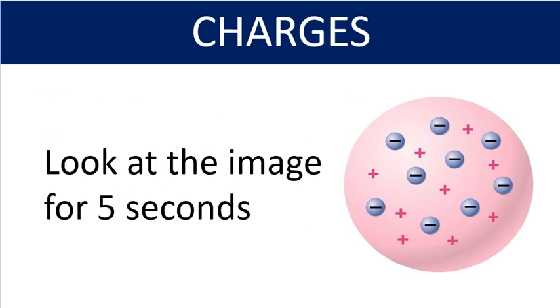Let's start by showing you a model of the atom. Here we have a model of the atom that was prevalent, if I'm not mistaken, sometime in the 1700s, 1800s. The plus signs there remind us that there is a region that has different properties compared to the region with the negative signs.